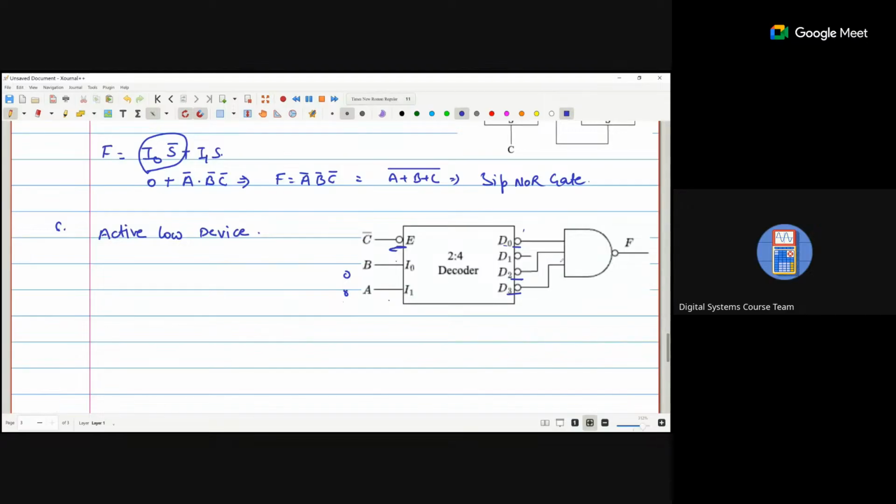But because of this one bubble, D0 is 0. So that's why this particular device is called an active low device. Why? Because according to the input conditions, our output should be high in the decoder, but because of this bubble, or basically this inverter, the output is low. So that's why it is called active low. Clear?